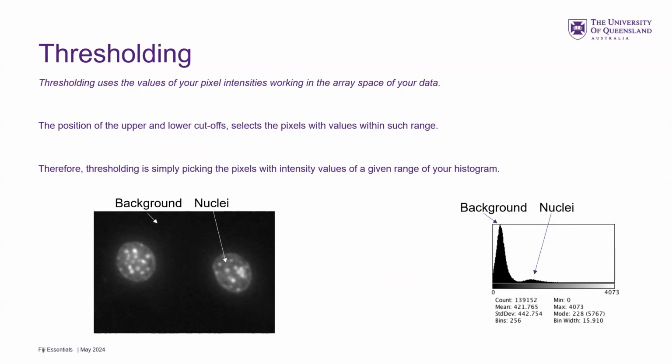So it's just one cutoff, and the position of where that cutoff is will select which ones to keep, right? If we look at the histogram of this image, there's a bunch of gray pixels, that's these ones, and there's a bunch of blackish pixels, that's these ones. So how do you draw a line to say, I want to keep the nuclei, but avoid the background?